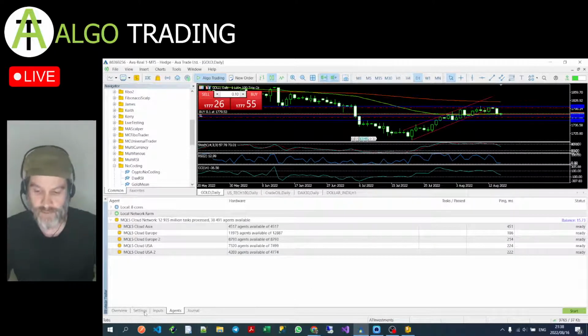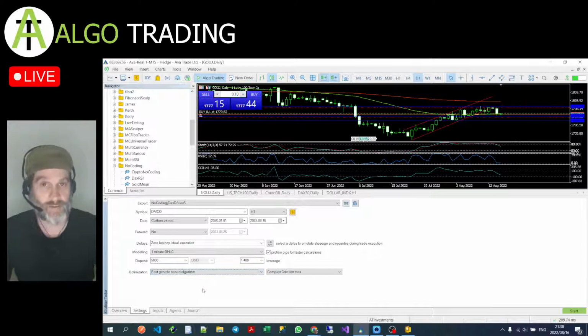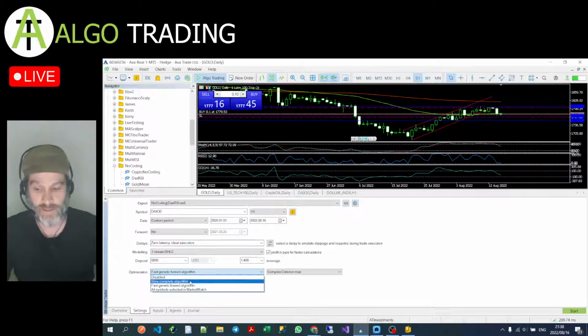Just one thing to remember: if you do a slow complete algorithm, it will cost you $30, $40, $50 per optimization. That's one thing I didn't mention before. Always use fast generic if you're using the cloud network. It's very, very expensive to do a slow complete algorithm on the cloud network, especially if you're doing a lot of optimization parameters.